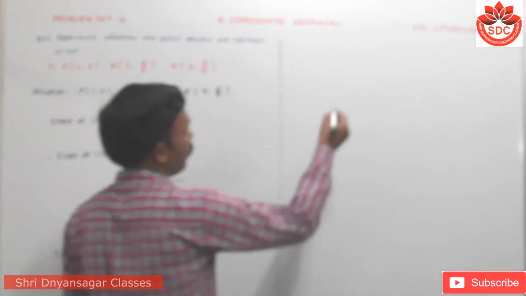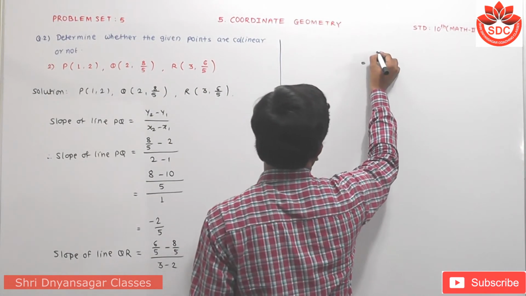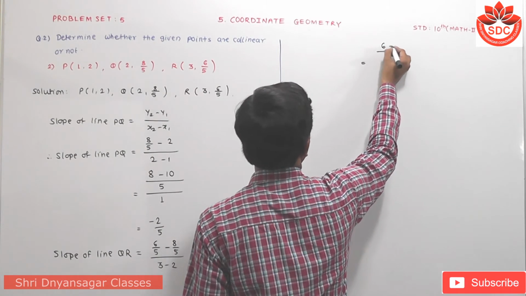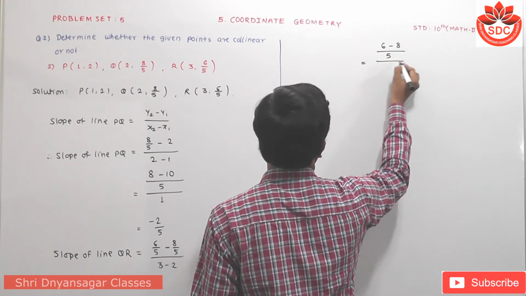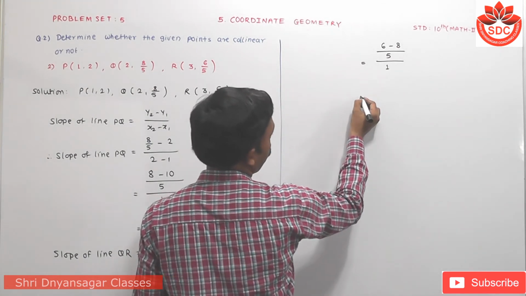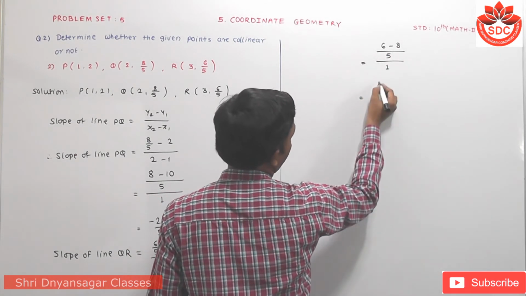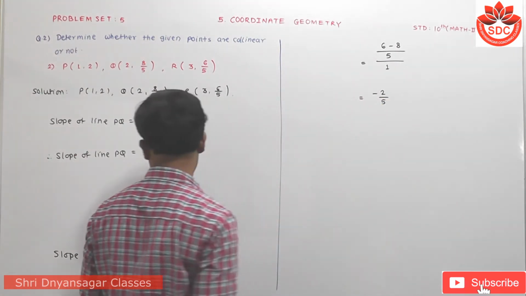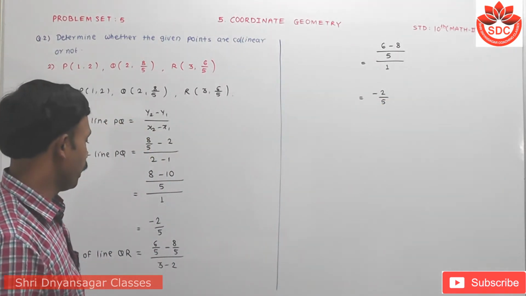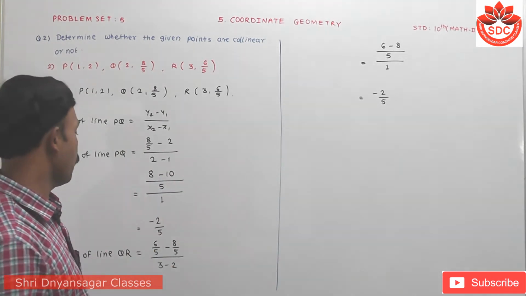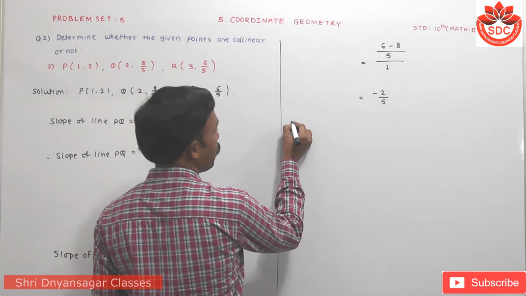Taking the LCM, which is 5, then subtract the numerators, that is 6 minus 8, upon this subtraction which is also 1. We cannot write it, directly write its numerator, that is minus 2 upon 5. When you observe carefully, the slope of line PQ is minus 2 upon 5 and the slope of line QR is also minus 2 upon 5.